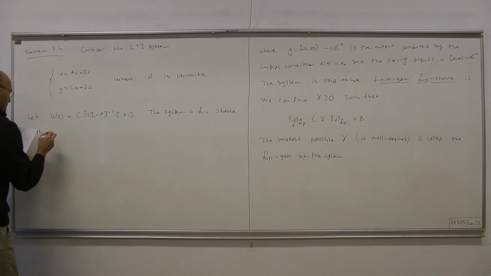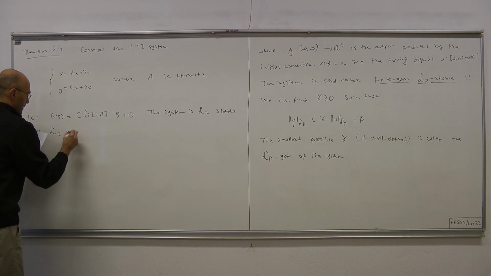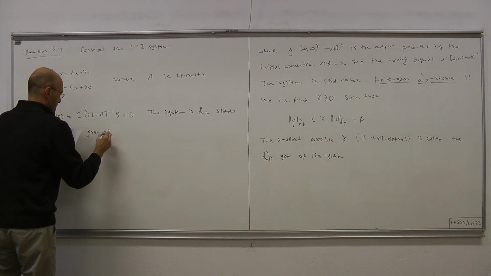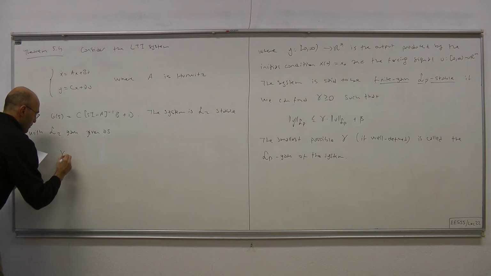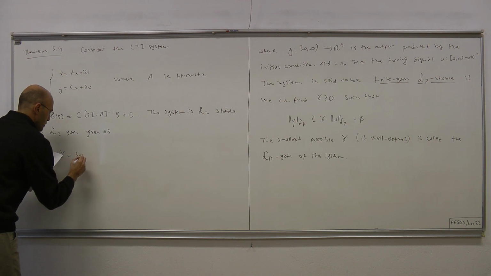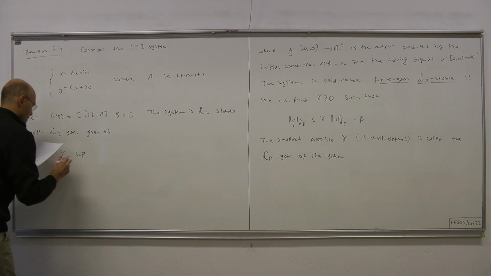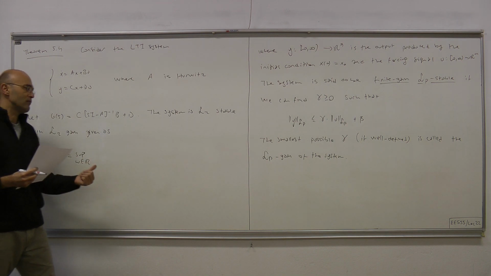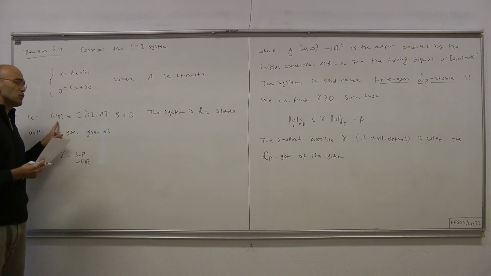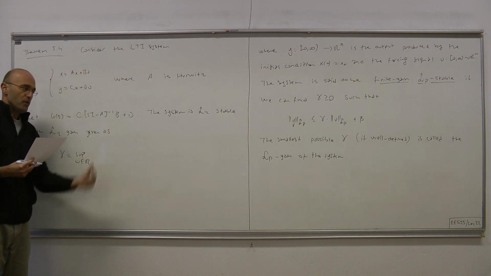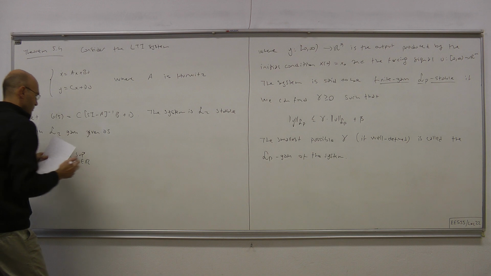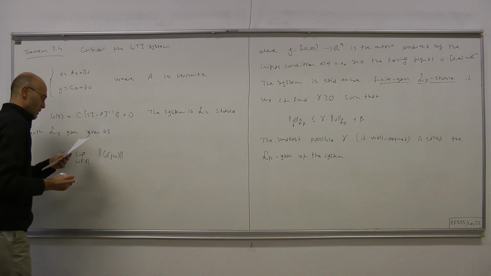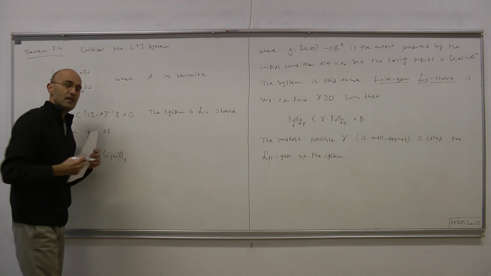The L2 gain is given as gamma equals supremum over omega in R. Okay, it turns out that all you have to do is check the values of G of s on the imaginary axis, G of j omega. And then you have to look at the 2 norm.